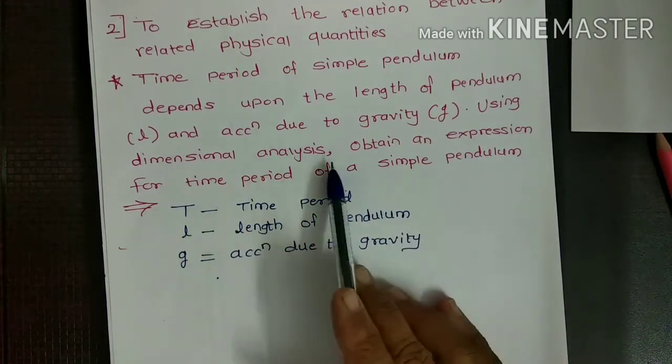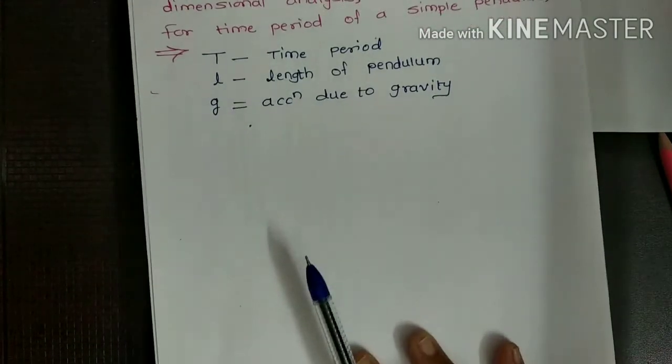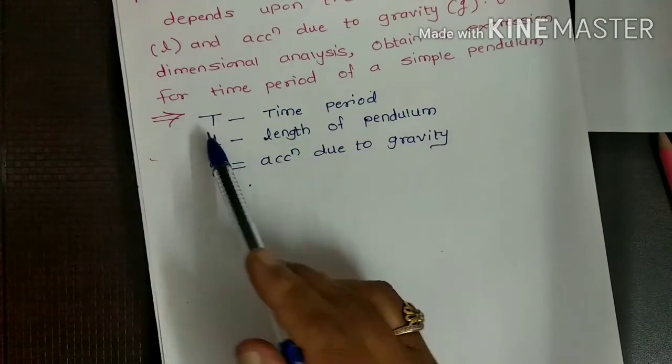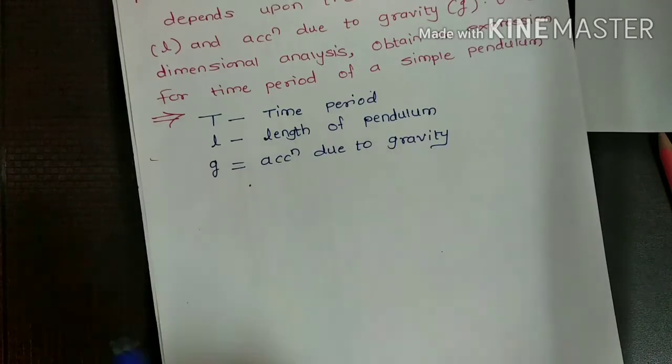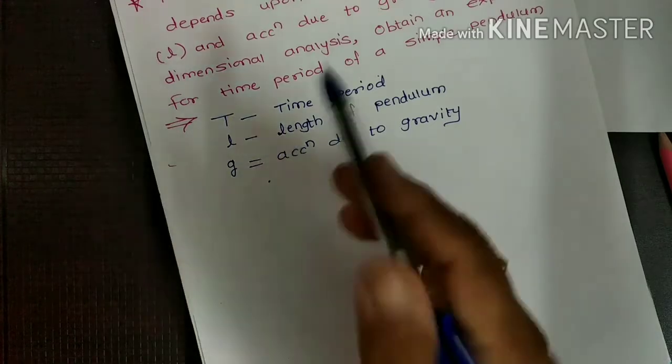Using dimensional analysis, obtain an expression for the time period of a simple pendulum. For that we have taken the terms T the time period, L the length of the pendulum and G the acceleration due to gravity.